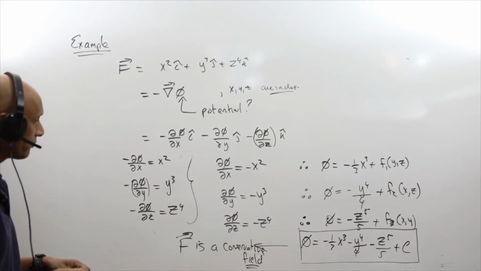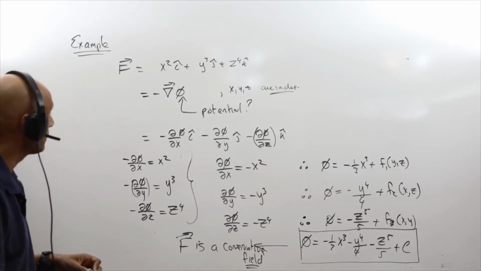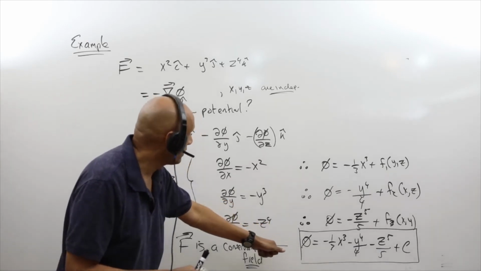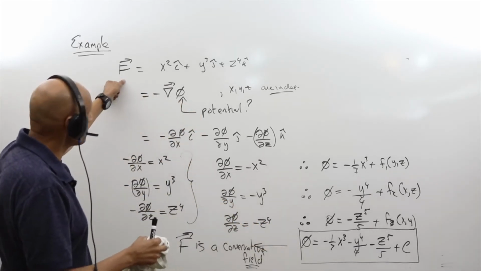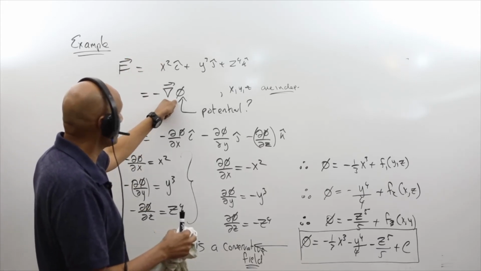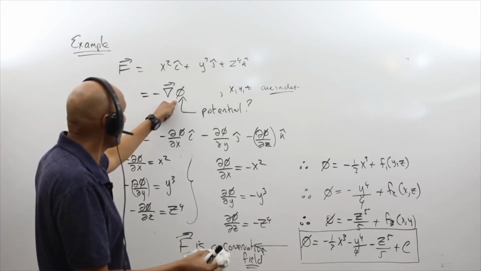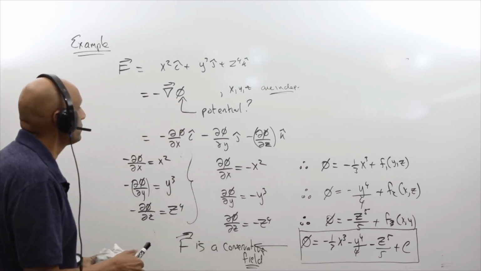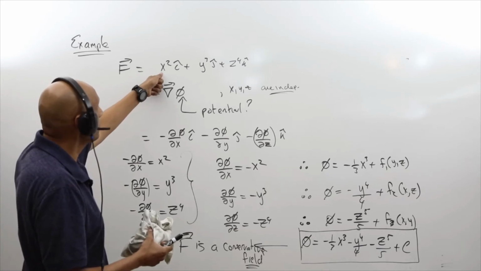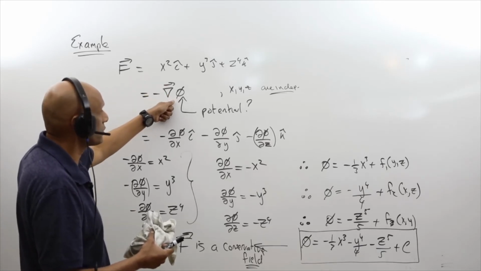So this conservative field means that, well, because I found the potential function. So I'm saying it's conservative, not because I did some weird calculations. I actually found the actual function. Because I found it, I got lucky. So you might be able to do it this way. You might have a conservative field, but might not be able to construct the potential easily.